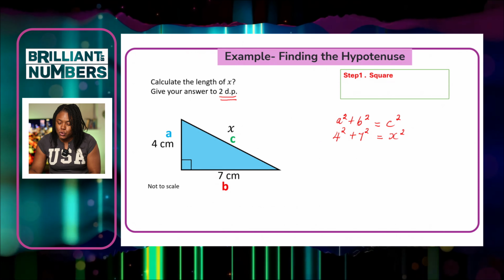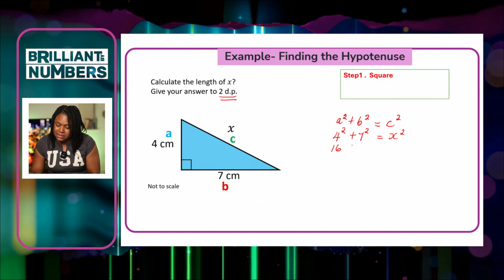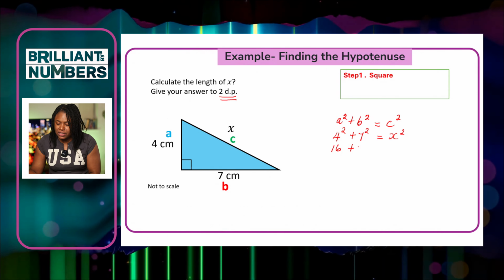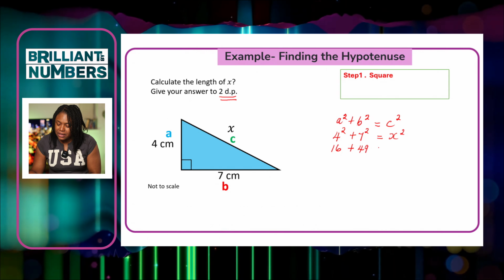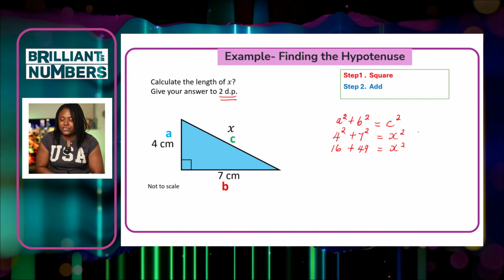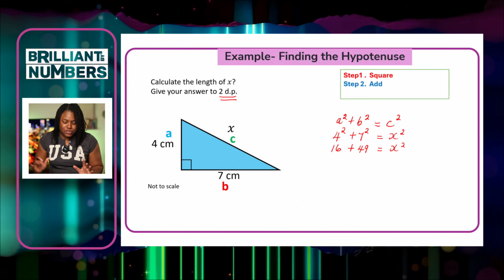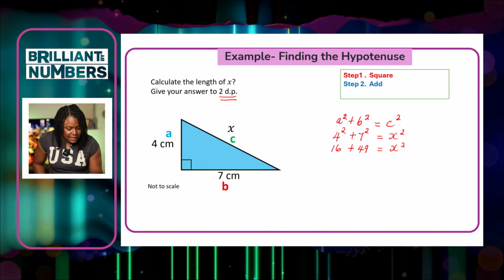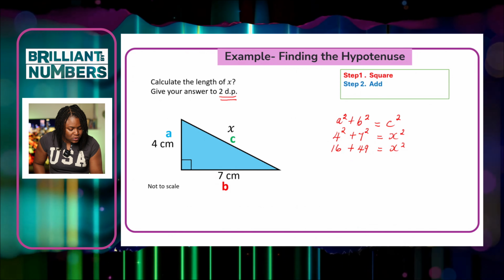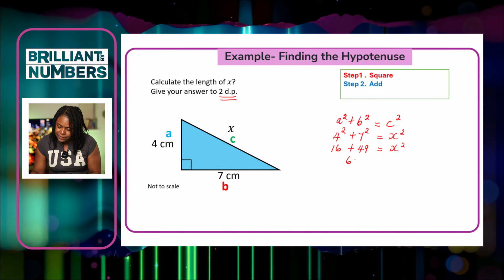So 4 squared, remember, means 4 times 4 gets us to 16 plus 7 squared, 7 times 7 is 49. Absolutely brilliant. So the next thing we need to do, step 2, is to add them together. So I'm just going to use my calculator. 16 add 49, and that's equal to 65.